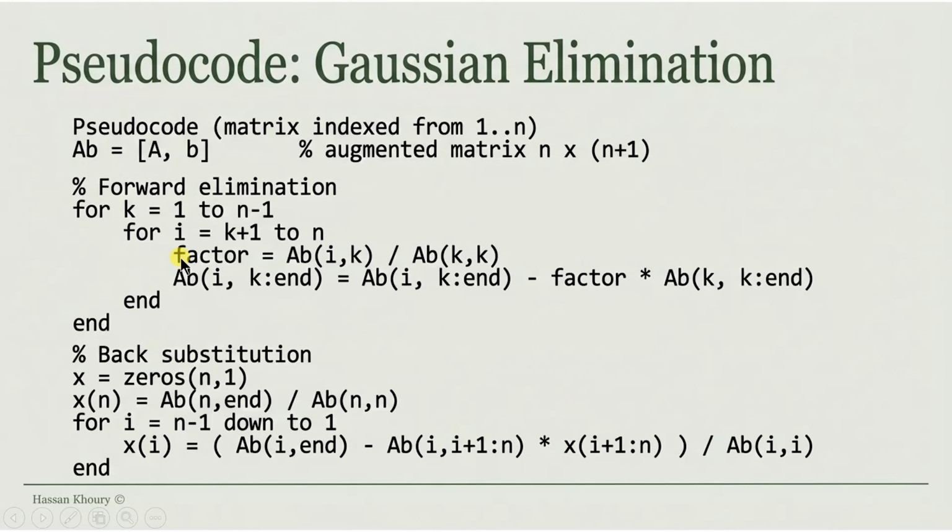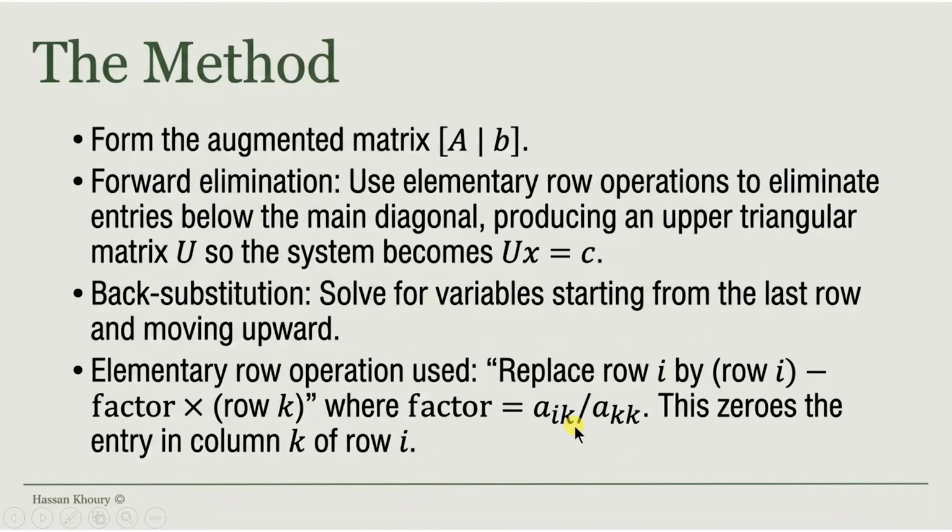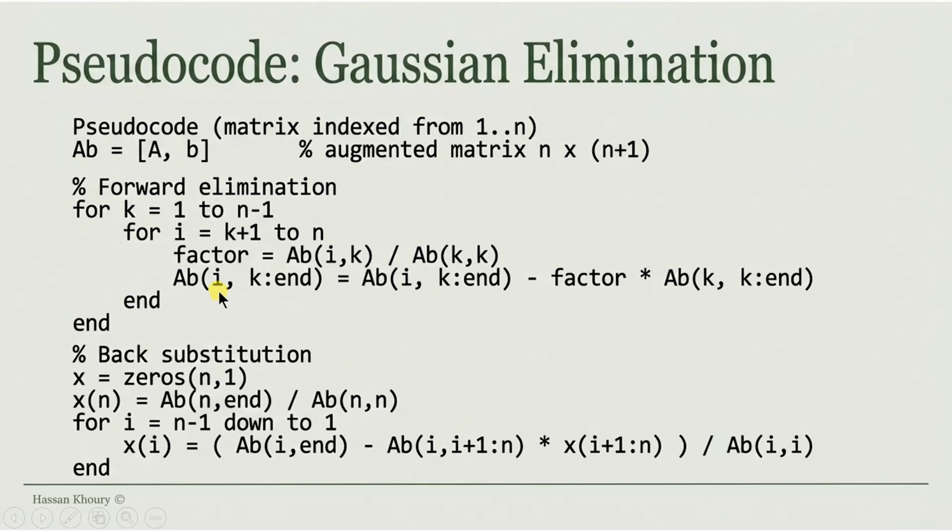Factor is calculated as factor = Ab(i,k) divided by Ab(k,k), as I mentioned here. Then I am updating row i as row i minus factor times row k. You can see row i = row i - factor * row k, and then the inner loop ends, and when k = n-1 is reached, the outer loop also ends.